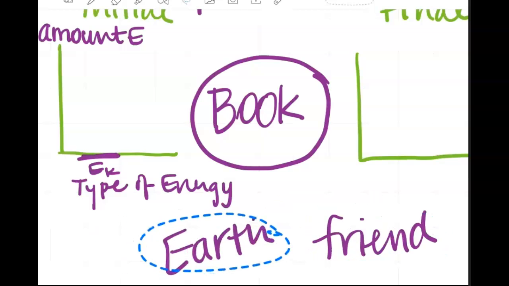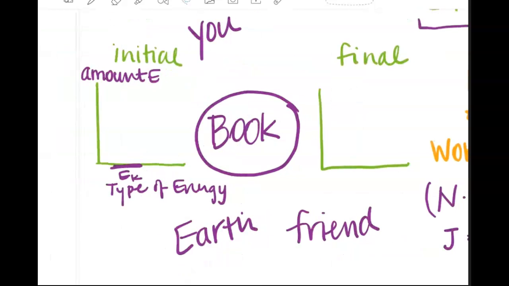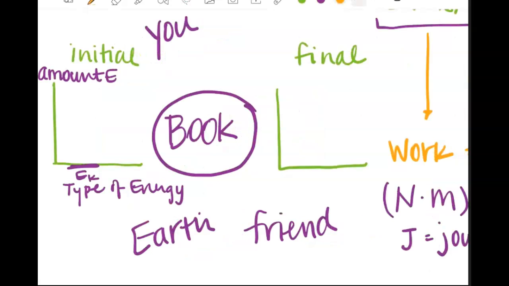So while it's in the air, you are not interacting with it. So there's no interaction between you and the book while it's in the air. There's no interaction between you and the friend while it's in the air. Okay, but the thing is, the earth is interacting with the book.